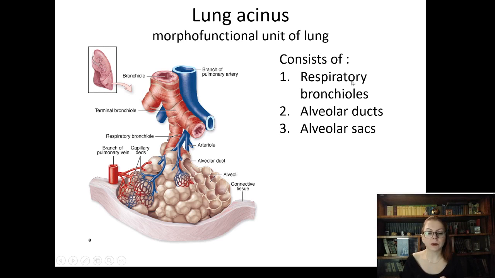Even in the respiratory bronchiola, we can see alveoli in their walls. So this bronchiola participates in the exchange of gases. Okay. So lung acinus is the territory which is supplied by one terminal bronchiola. And inside every element of lung acinus, exchange of gases takes place.